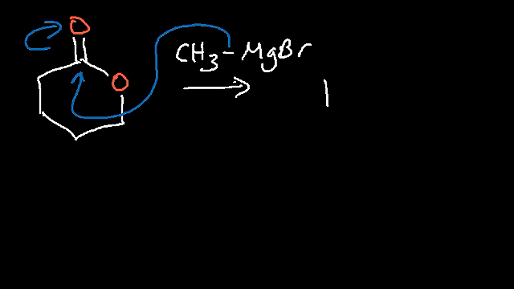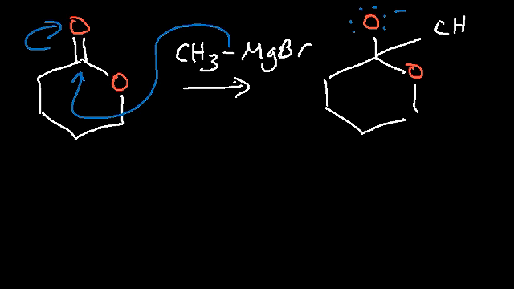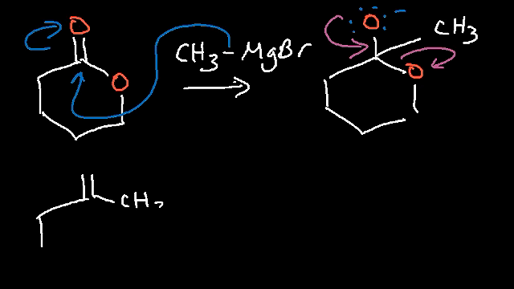The ring is still going to open just like last time. So here's the CH3 group. And then the other oxygen is going to get kicked out. And so now instead of having an aldehyde on one side, we have a ketone.